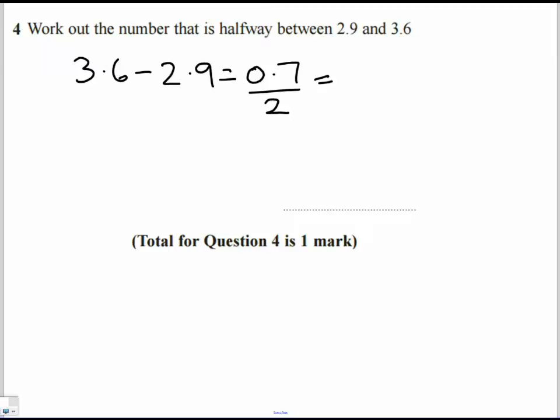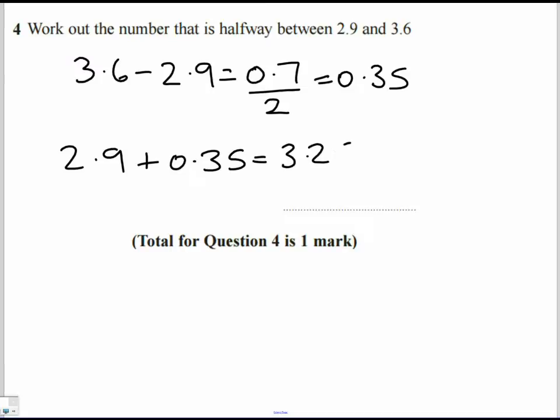So 0.7 divided by 2 gives us 0.35. So if we add 0.35 to the 2.9 that we already have, it tells us that the halfway point is 3.25. And 3.25 goes on the answer line.